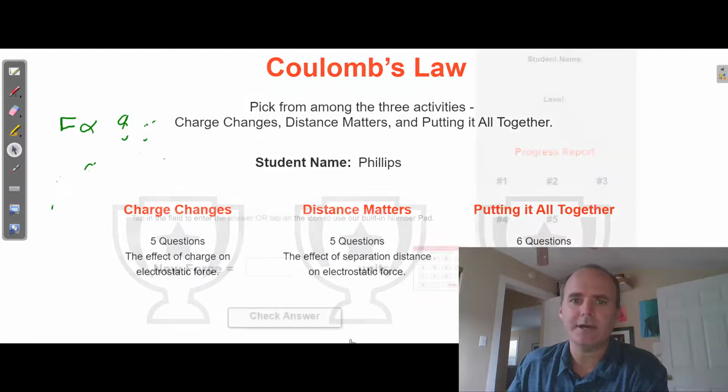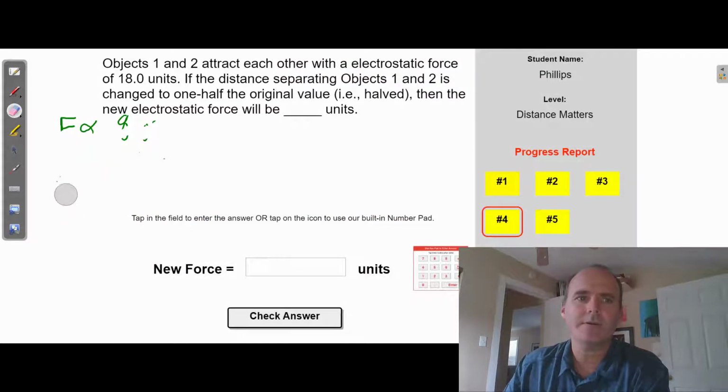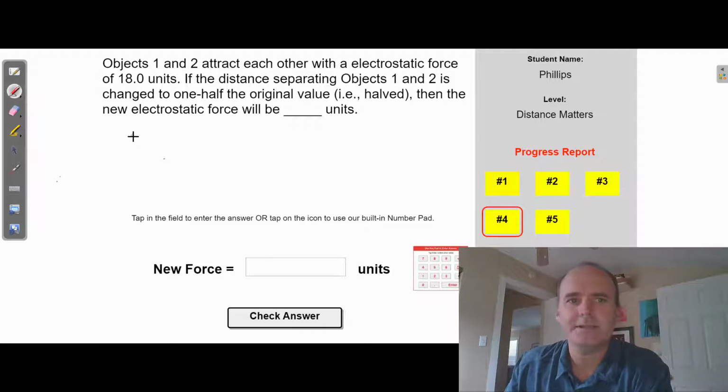Okay, distance matters. Now we're going to be talking about how distance affects it. Remember our equation is F is equal to K Q1 Q2 over radius squared.